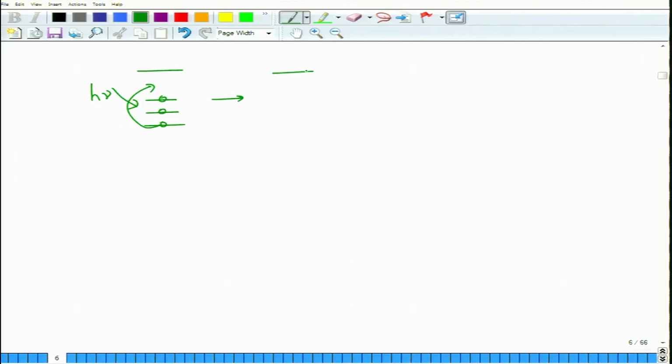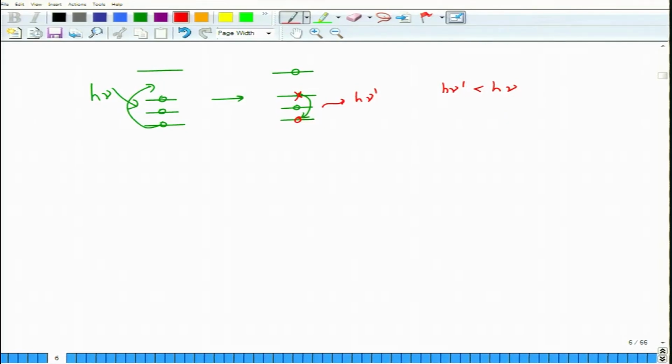As a result, this electron goes there, and this level, which was filled, is now empty, and an electron makes a transition to this level. So this becomes empty and this gets filled, which means it will emit a photon of energy h nu prime, where h nu prime is lower than h nu, all right. The energy of this is lower than the energy of the incoming beam, it has to be lower, right.